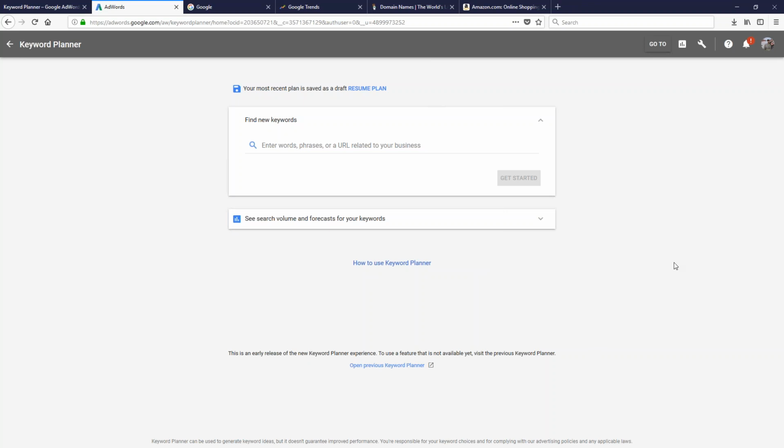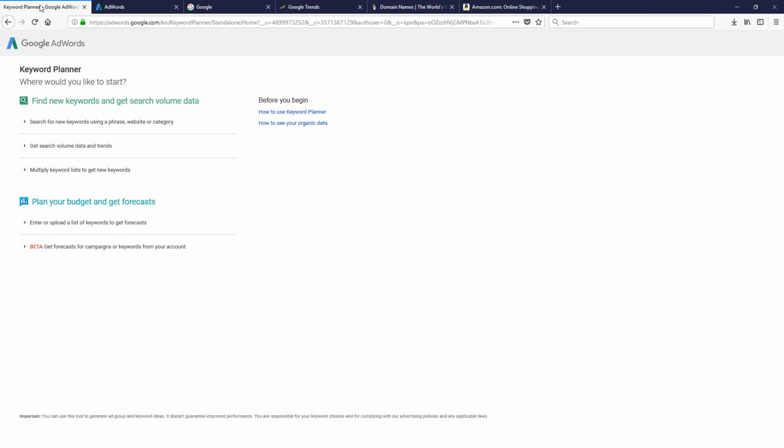And if you land on this entry page and you want to get to the old one, there's a link all the way down here at the bottom. I'm going to do a brief demonstration of both of these today and show you how I utilize this with all of the research that I'm going to be doing to plan and then build this website.